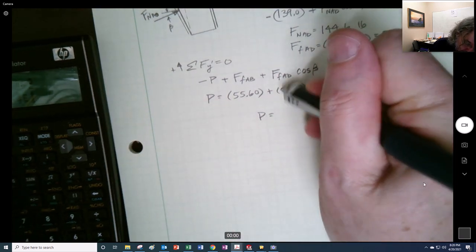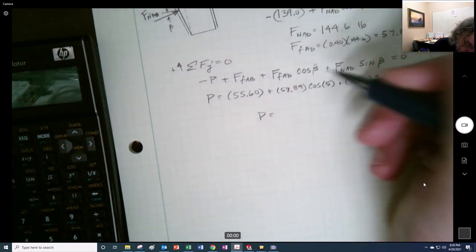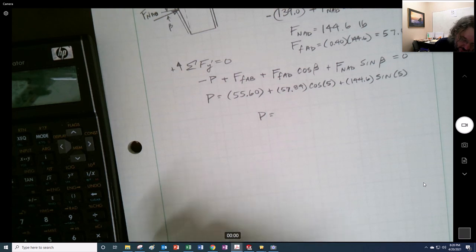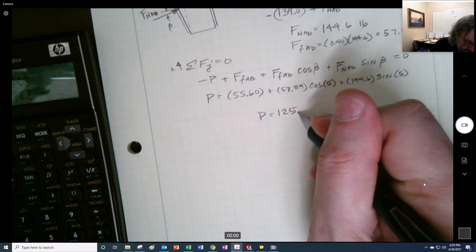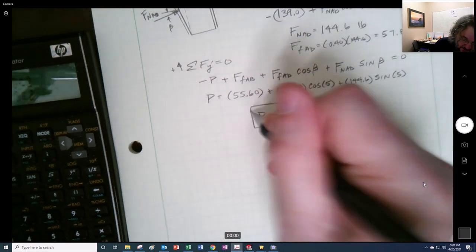Why did you write 55 when it's 57? I don't know. I don't know why I do the things I do. 55.6 plus, okay, and 144.6, but it's times the sine of 5 there, so it's not going to be a lot of that. And we had 125.8 pounds. There's the answer.